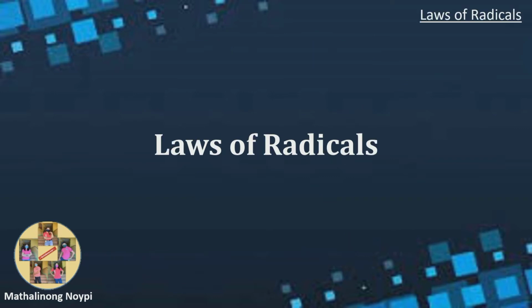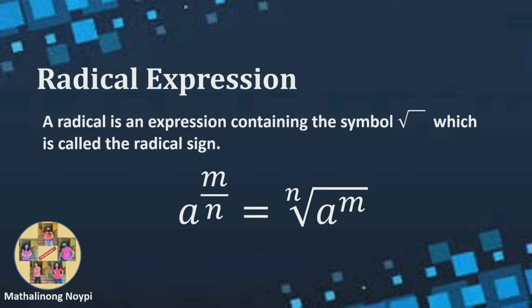Ngayong alam na natin ang parts ng radical, now let's proceed to the laws of radicals. But before we discuss the laws of radicals, let's first define what is a radical expression. So, pag sinabing radical or radical expression, it is an expression containing the symbol which is called the radical sign.